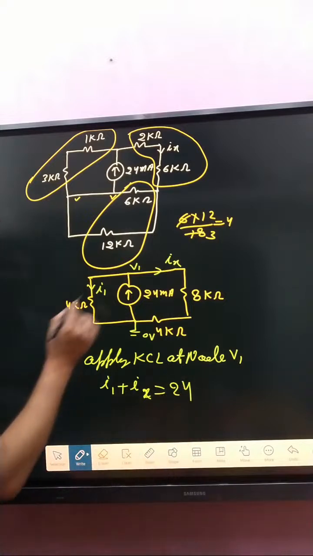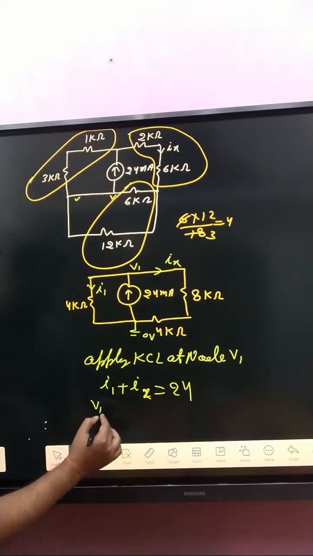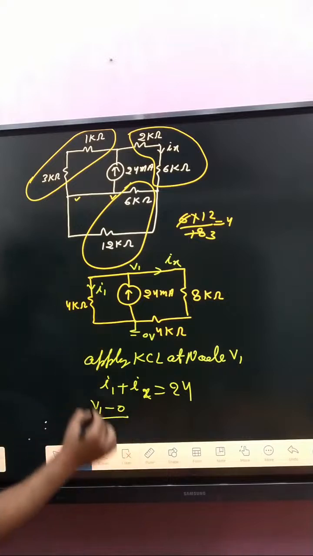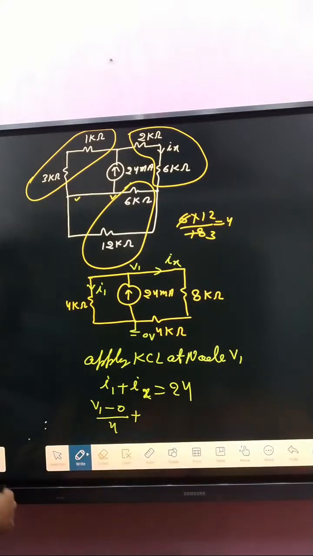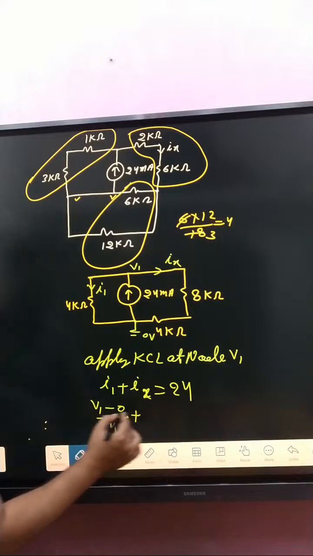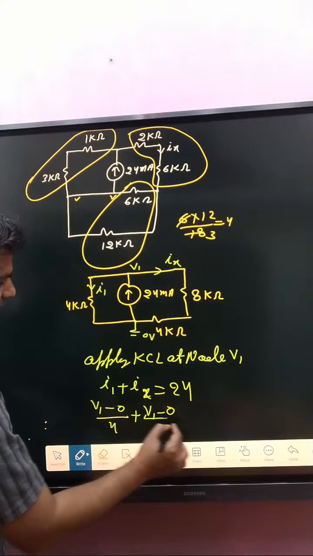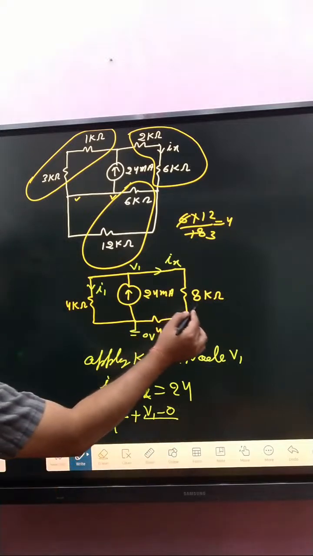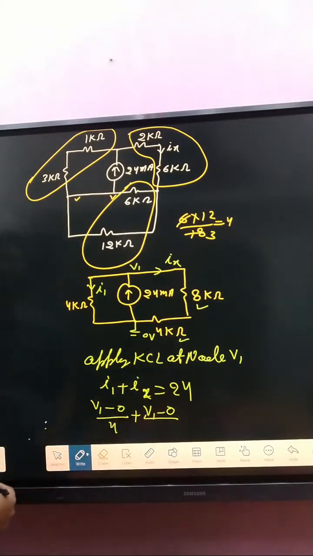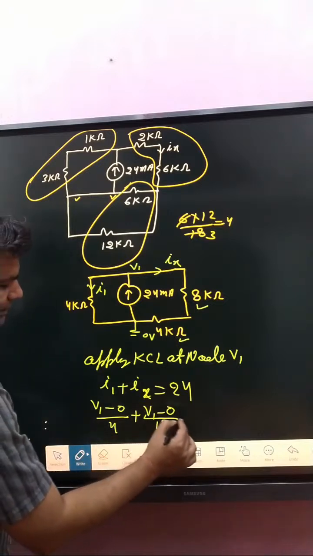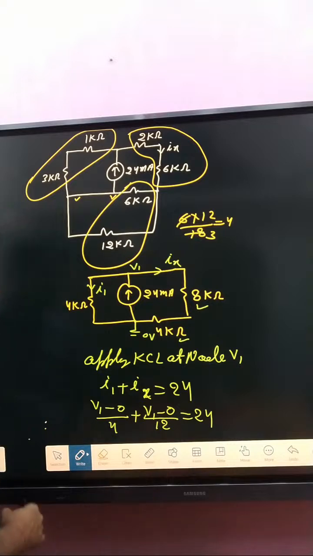So what about I1? I1 is basically V1 minus 0 divided by 4 kilo ohm. And what about Ix? Ix is basically V1 minus 0 divided by how much? 8 and 4 are in series, so that is 12. This will equal 24.